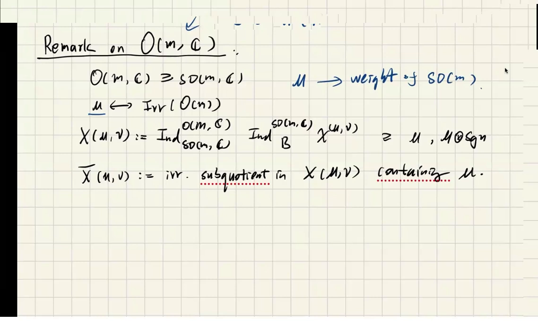Okay, so then what you do is, instead of considering the standard module for SO, you consider the standard module for O, which is just the induction of the standard module of SO.